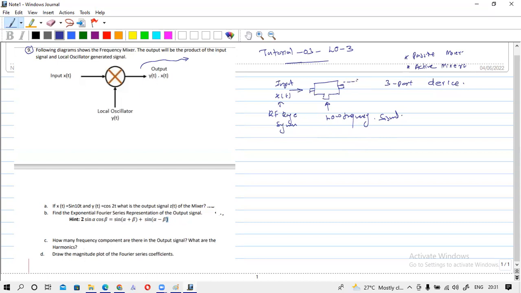In the output we get an intermediate frequency signal, so the frequency is changed. There are many applications where we use this kind of mixer.